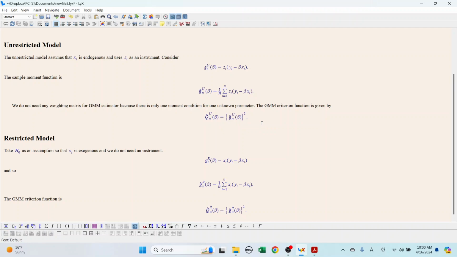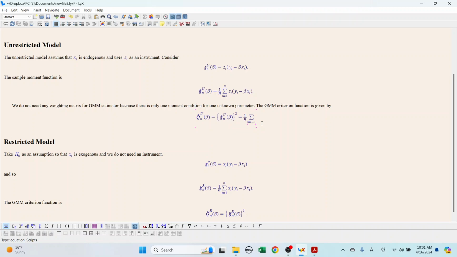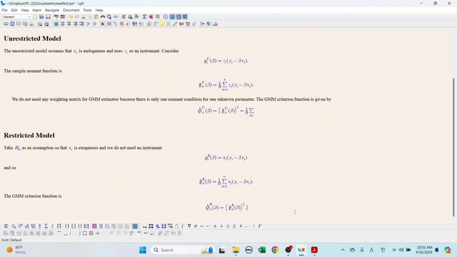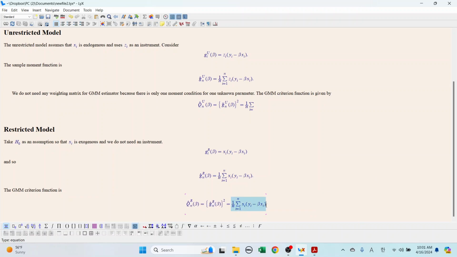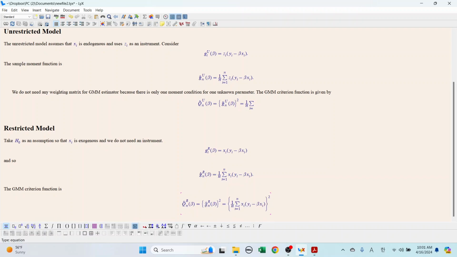Now you have to solve it. Let's think about the restricted model first. You may think it's OLS, and in the end it is right, but it is actually not OLS. Based on our definition, we are going to minimize this.